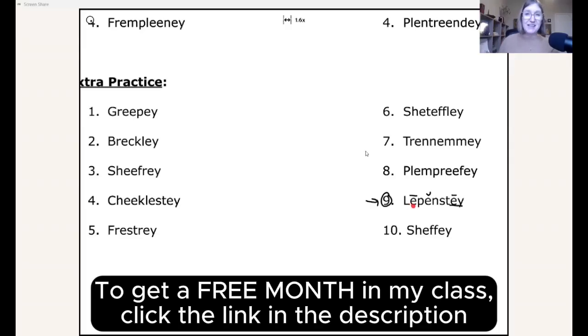So this E is going to say E because there's another vowel in the next 1 or 2 spots. This E will say eh because there's not a vowel in the next 1 or 2 spots. EY says E. So we have L, I, P, E, N, S, T, E. Lipensty.